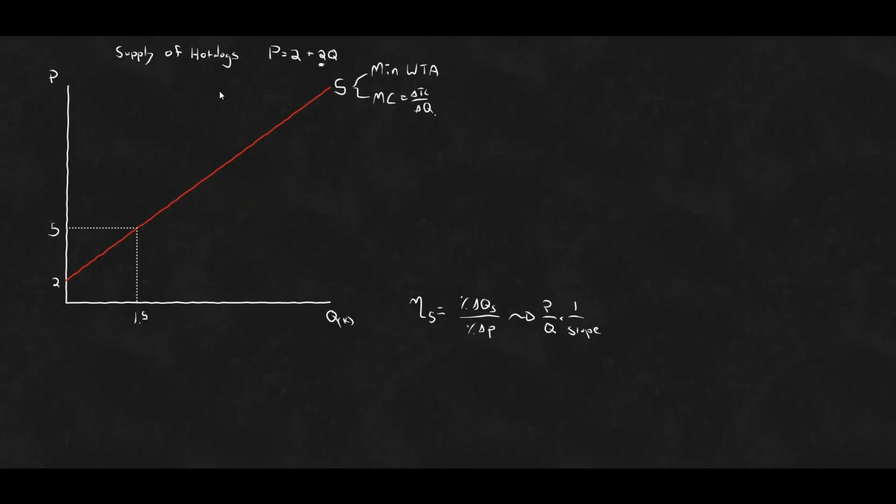Okay, from here, let's move on and let's talk about, just like we did with our demand, the determinants of our supply curve. Just like with our demand side, what we start off with is our first determinant, change in own price.